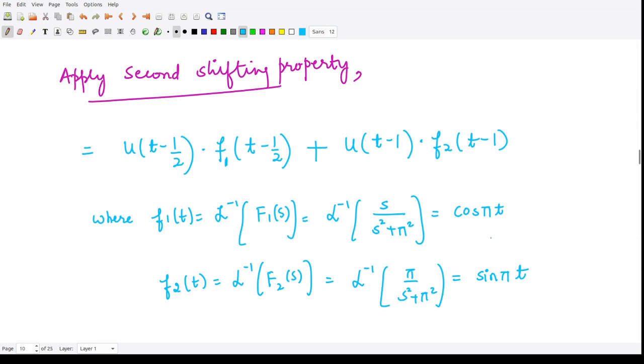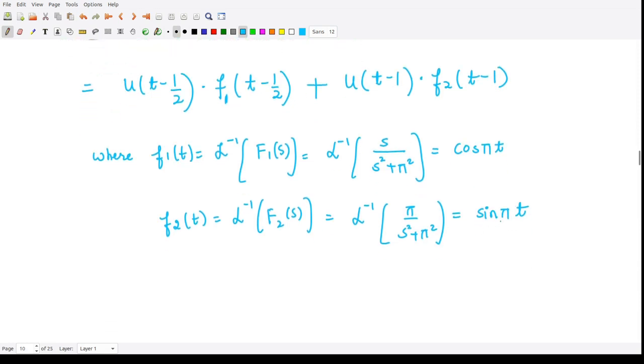Okay. Now we have f1 of t, now we have f2 of t. Therefore, we have our answer: this term would become u of t minus 1 by 2. And then what is the value of f1? f1 of t was cos pi t. What would be f1 of t minus half?